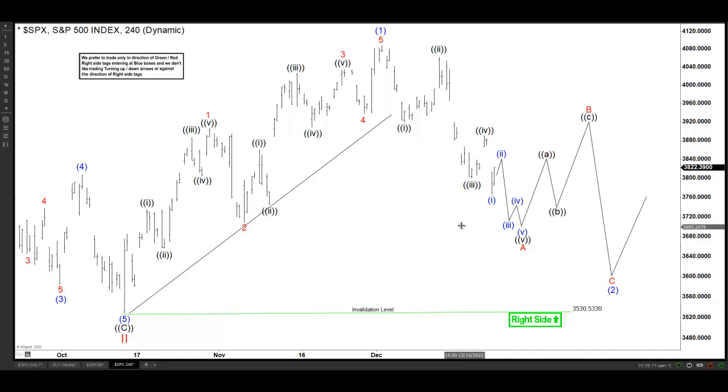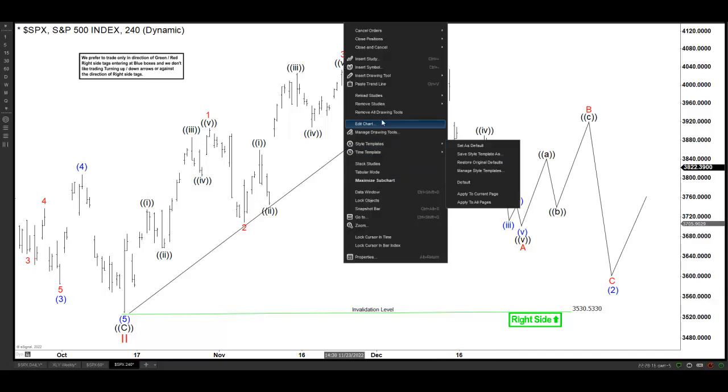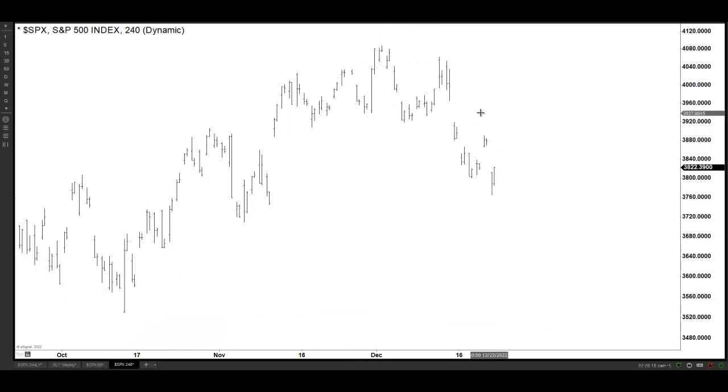Now, I believe that the S&P is showing 5 waves from this peak, and that's interesting because in this video we're going to look at what those 5 waves can represent in the Elliott Wave theory.